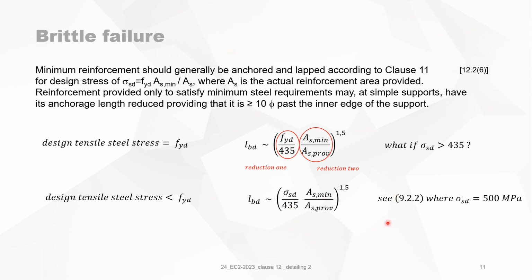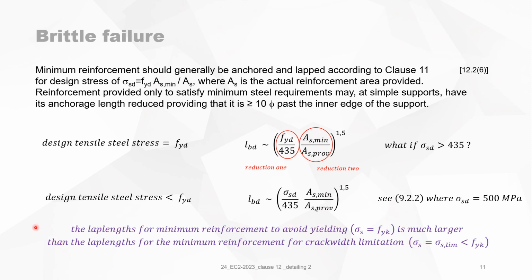We have seen in clause 9.2.2 that you can calculate minimum reinforcement not for crack control, but for yielding of the reinforcement, where σsd is taken equal to 500 megapascal, for instance, or it can also be 600 or 700. Then you will see that this lap length will be increased because this factor will be dominant.